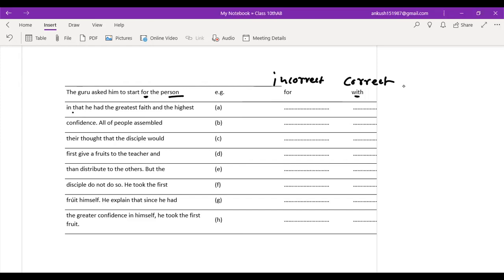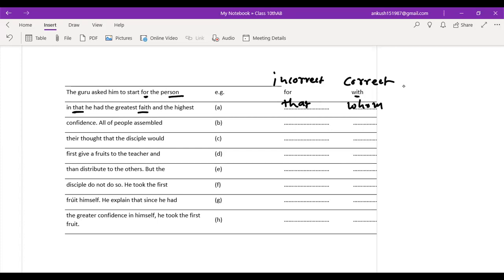See what is written. The guru asked him to start for the person in that he had the greatest faith and the highest confidence. Now, like for, it is an error over here, with. The guru asked him to start with the person, not for the person. In that is something where it is pointing out, where it is demonstrating, but here instead of that, whom would be the correct word, like with the person in whom he had the greatest faith.